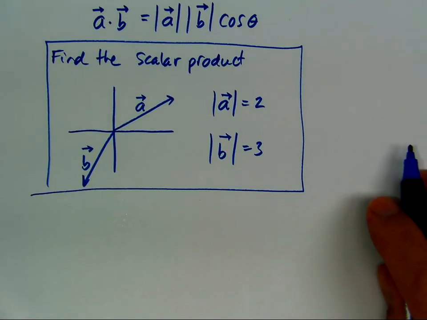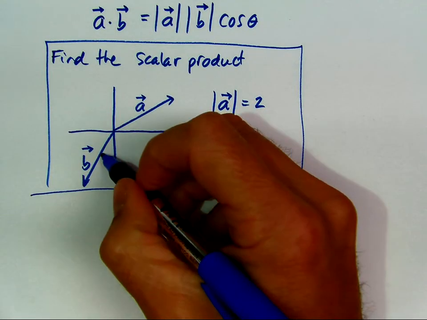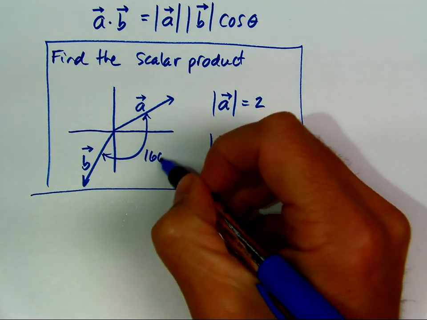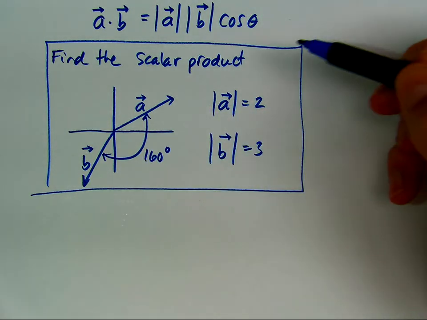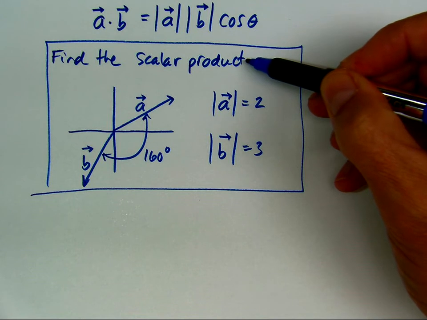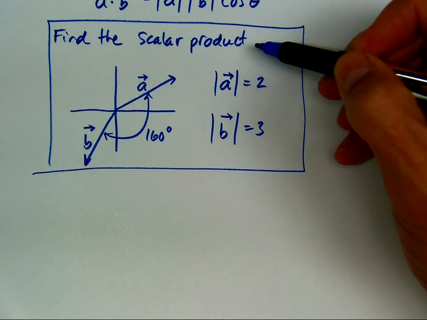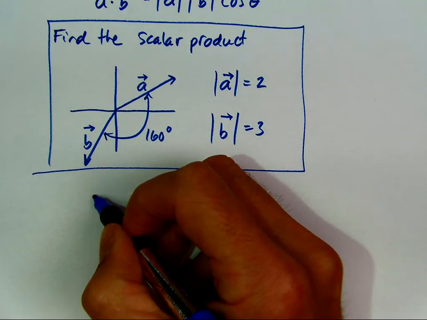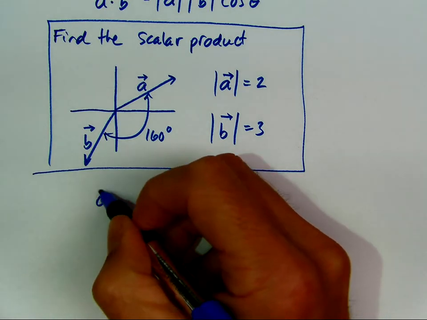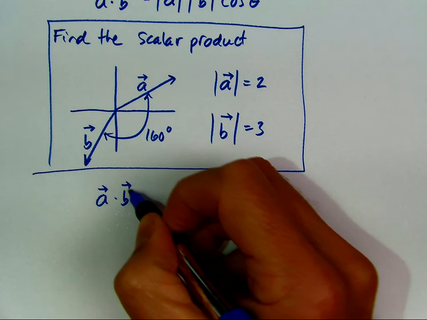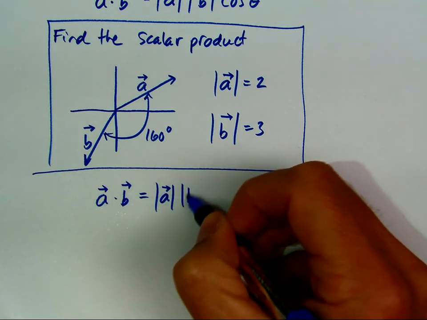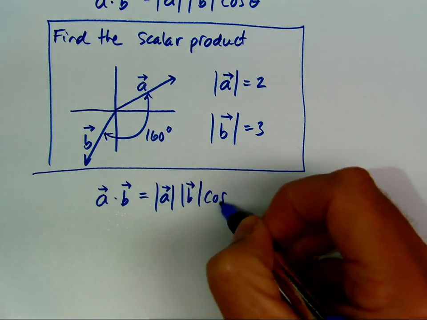So here's one way of asking a dot product question. Here it says find the scalar product or dot product, and all we have to do is write down the formula and substitute. The scalar product is the product of the magnitudes times the cosine of the angle.